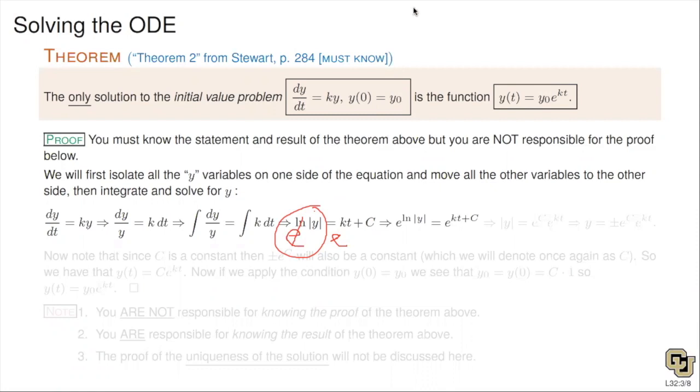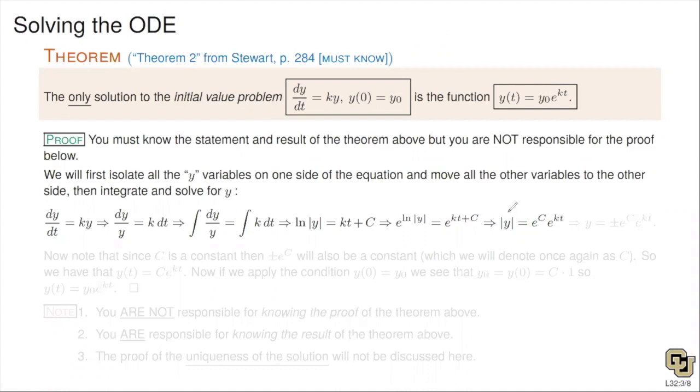And here e to the kt plus c, using properties of exponents, x to the m plus n equals x to the m times x to the n. So here, e to the kt plus c equals e to the kt times e to the c. And I wrote the e to the c in the front here.